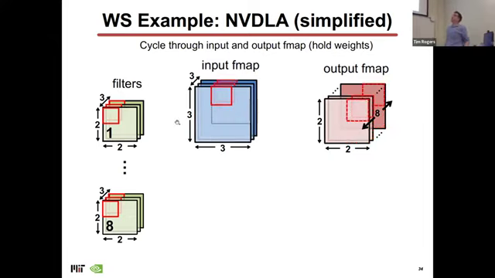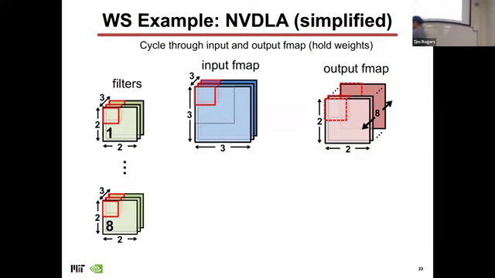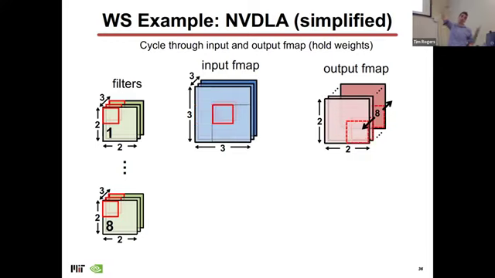So if I look at it from the perspective of one particular PE, I know that PE is only going to store this one weight value that's in this one upper left-hand corner. So now I have to move the rest of the stuff around this one weight, and that's what's happening. So where is this one weight read? Well, it's always read in the upper left-hand corner. So it's the upper left-hand corner of this filter, this filter, this filter, and this filter.